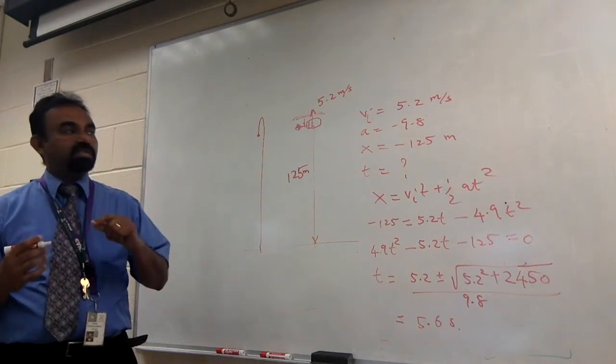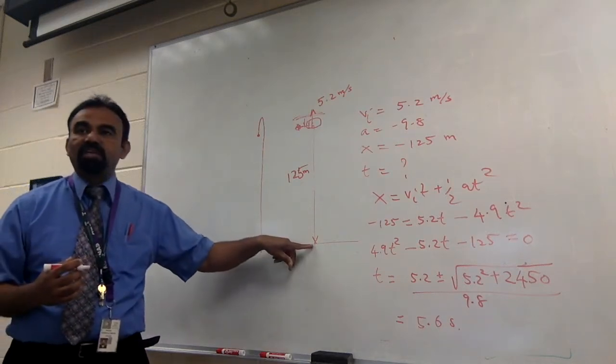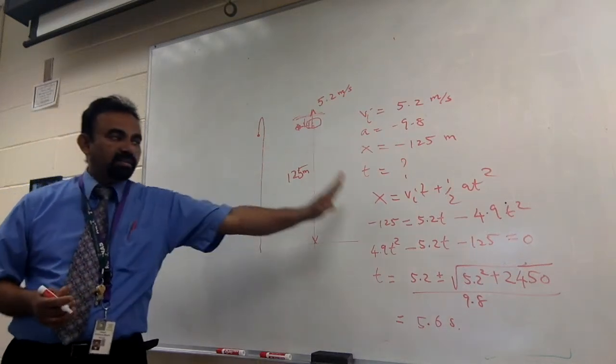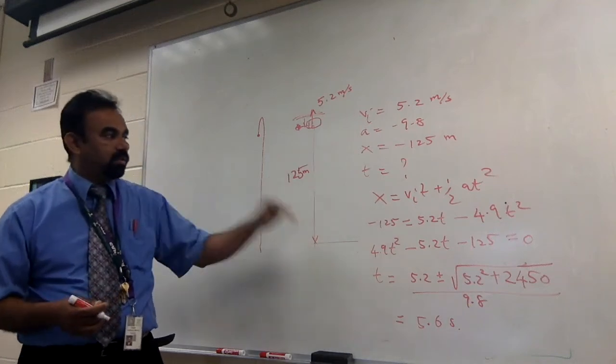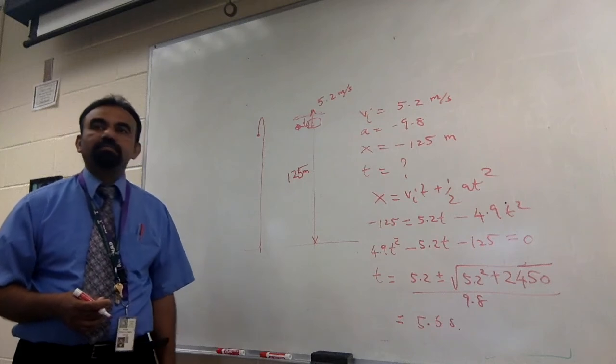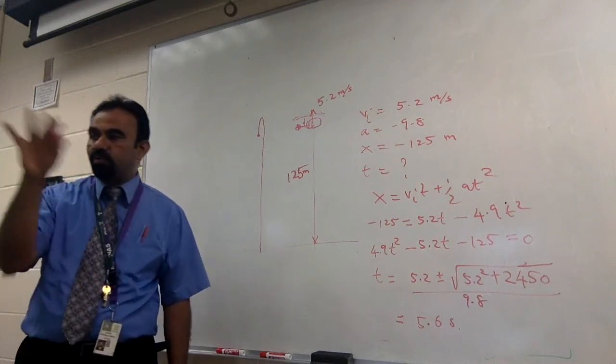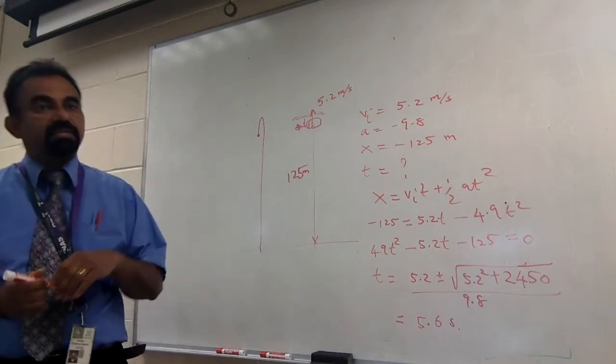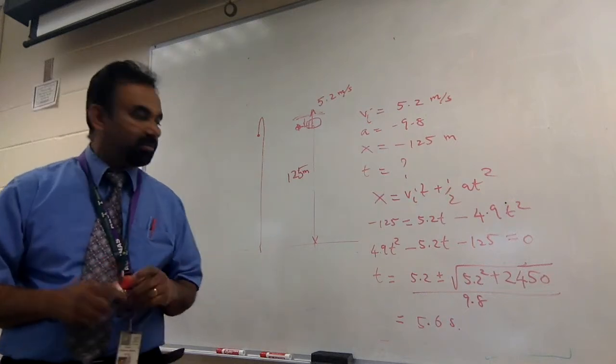Now, if the question was actually asking how fast it's going to hit the ground, then you don't look at this procedure at all. The question is asking for Vf, so you go by that approach. The last equation: Vf squared equals Vi squared plus 2ax, and then you'll find the final velocity.